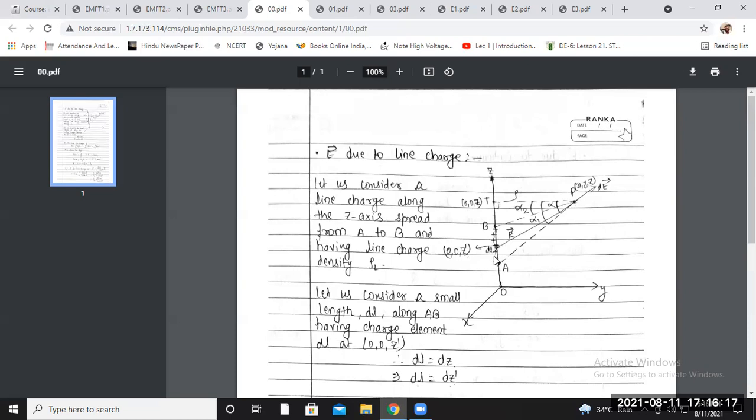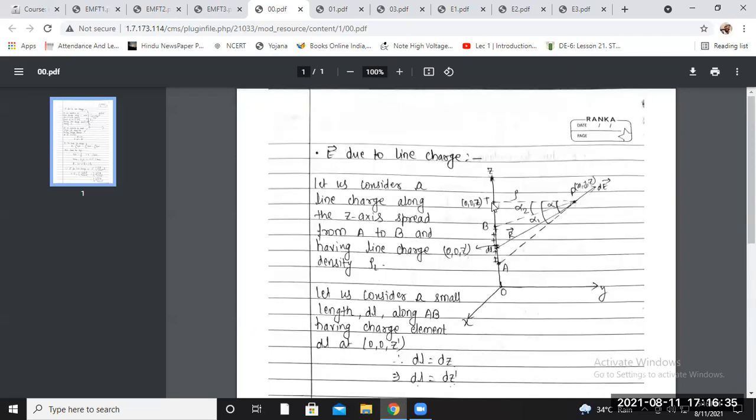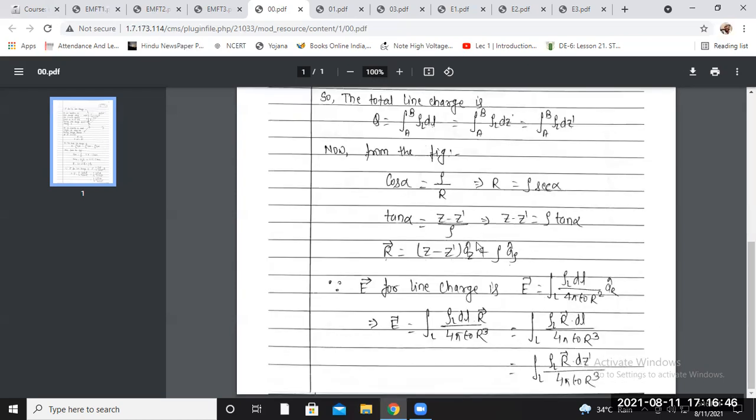First you move a distance z minus z dash in the z direction, so it is written as z minus z dash az, where az represents the direction of movement. Plus, we are moving along the positive y axis from T to point P, so it will be represented by rho arrow cap with the positive sign.